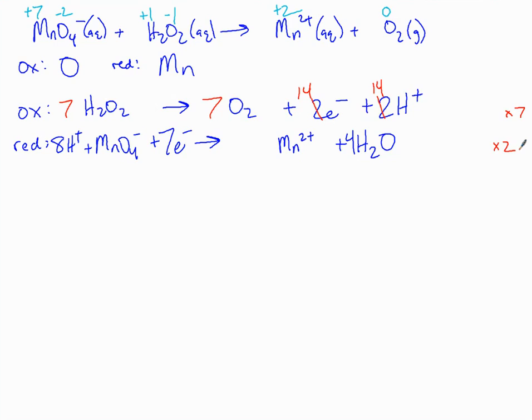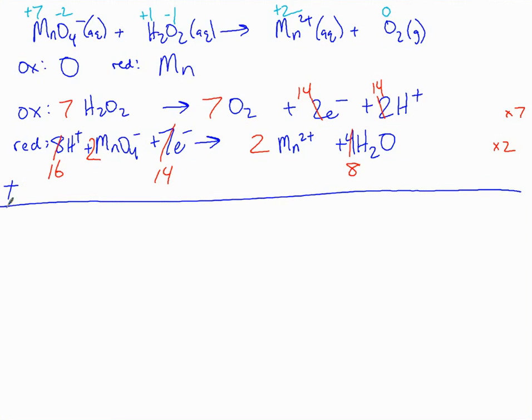This one times 2, so we have 16, 2, 14, 2, and 8. You can recopy these if you want. It's just going to take up a lot of space, and it's an intermediate step anyway. This is not the final step. Then we add these two reactions together.